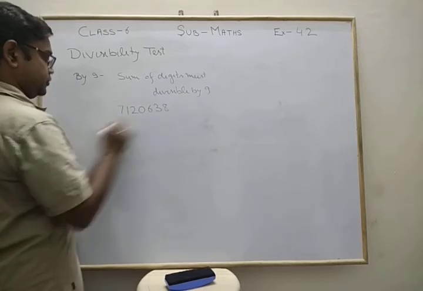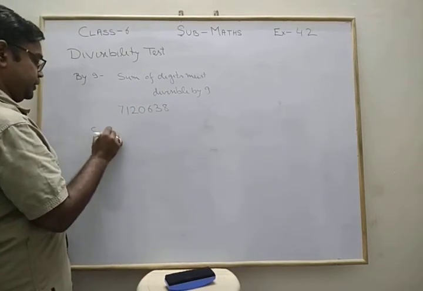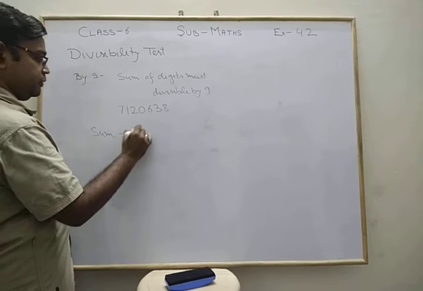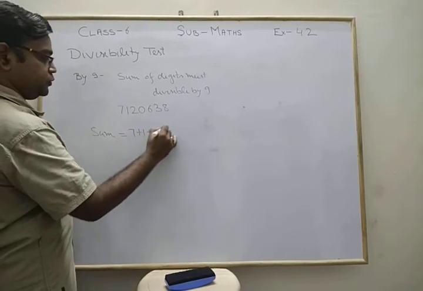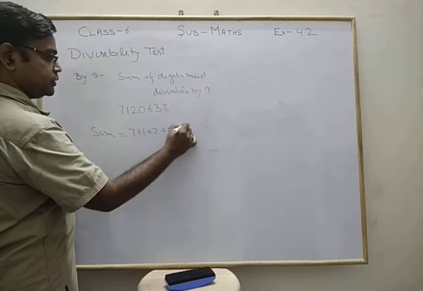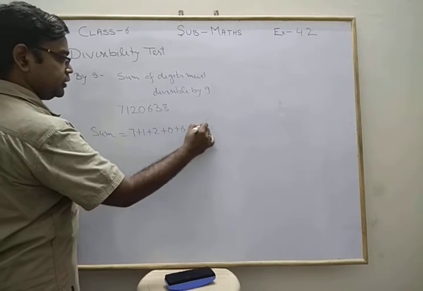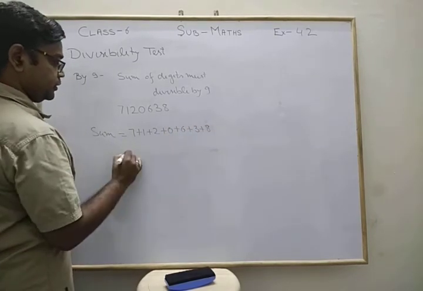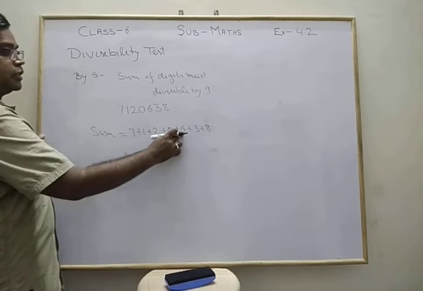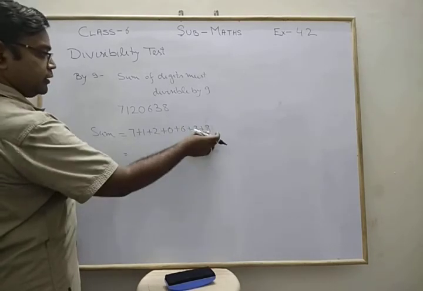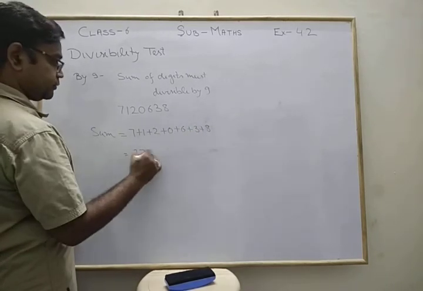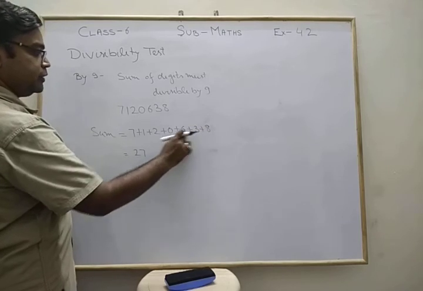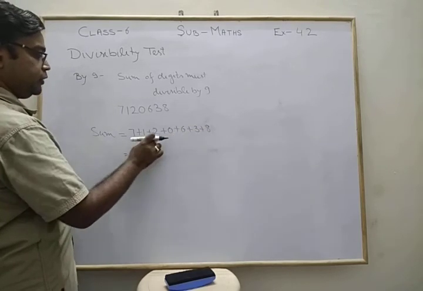7120638. So the sum of digits, I am writing in short: 7 plus 1 plus 2 plus 0 plus 6 plus 3 plus 8. 7 and 1 is 8, plus 2 is 10, plus 6 is 16, plus 3 is 19, plus 8 is 27.